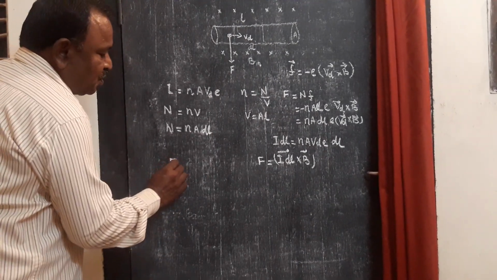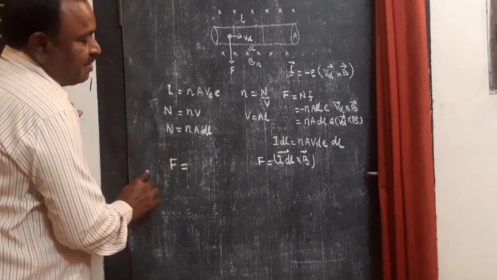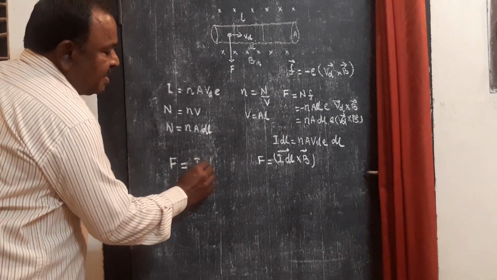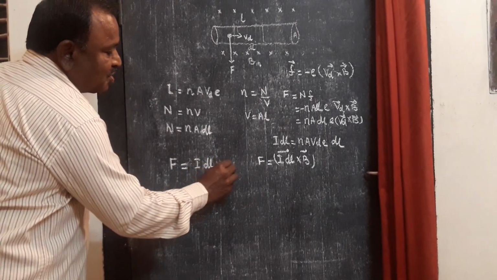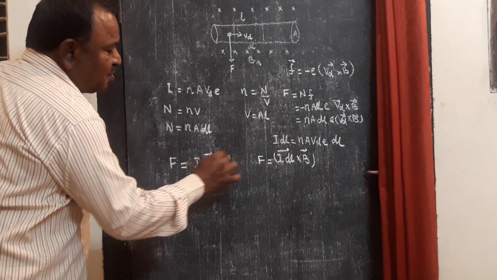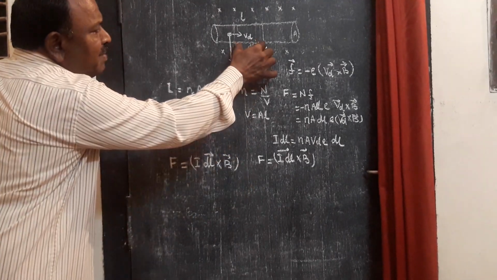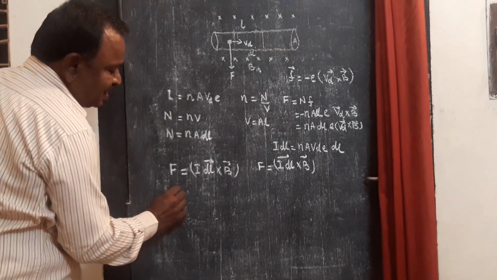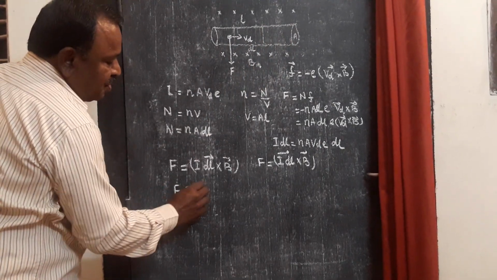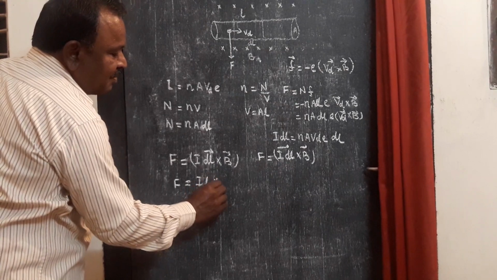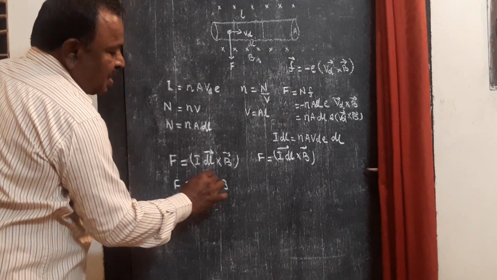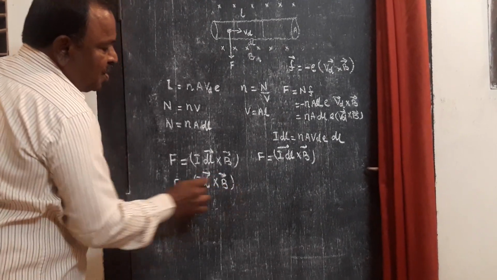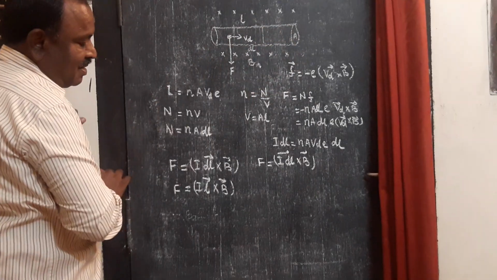So the force on the current carrying conductor is given by I dl cross B. This is the force on the small element dl. Therefore the force on the entire conductor is given by IL cross B.